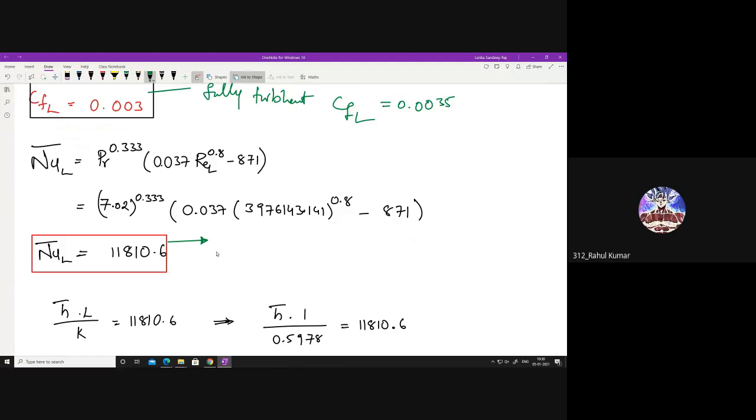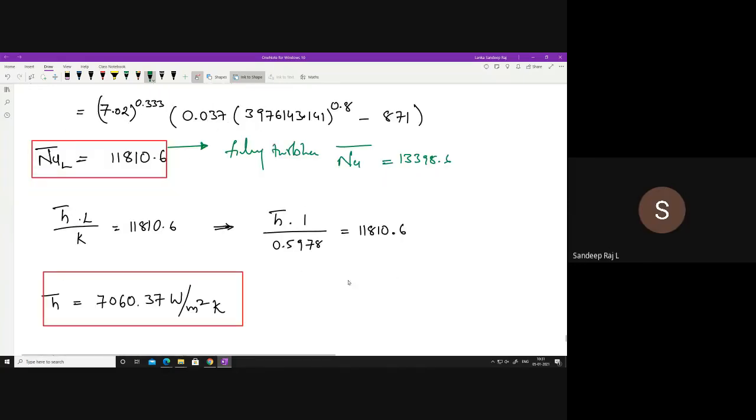Did you do that? 13398.68. Good. 13398.6. Right. That is Nu bar. So even the Nu bar is higher in the fully turbulent case.